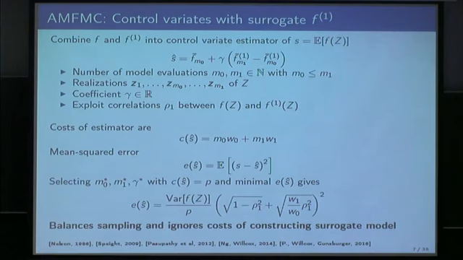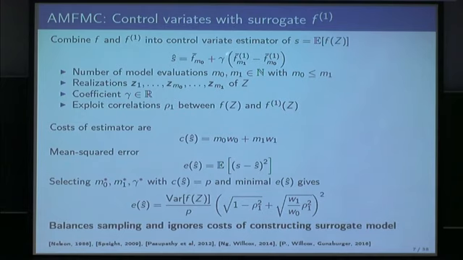Okay, so let's have a look at control variates with only two models, where we have, again, f as our high-fidelity model, and now we have one surrogate model, f1. And we still want to estimate this expected value of the high-fidelity model output random variable. We can set up here a control variate estimator, I denote it as s hat, where I have the standard Monte Carlo estimator that takes m0 realizations of the input random variable, evaluates the high-fidelity model, and sets up an estimator.